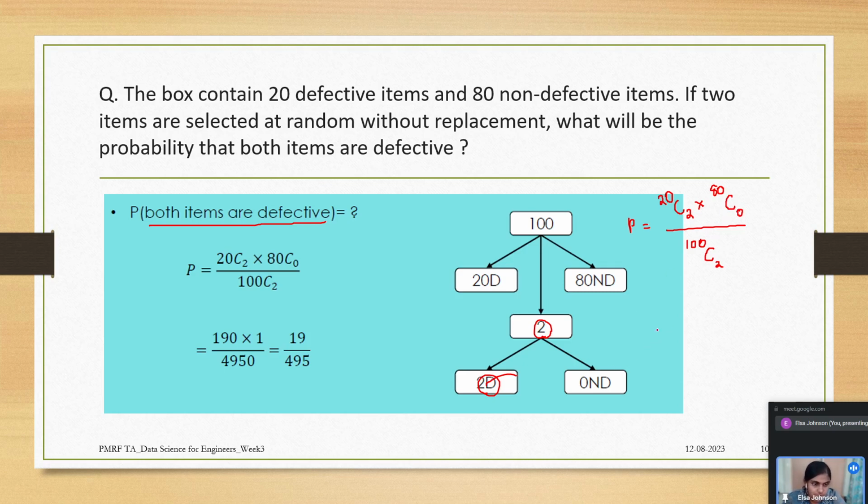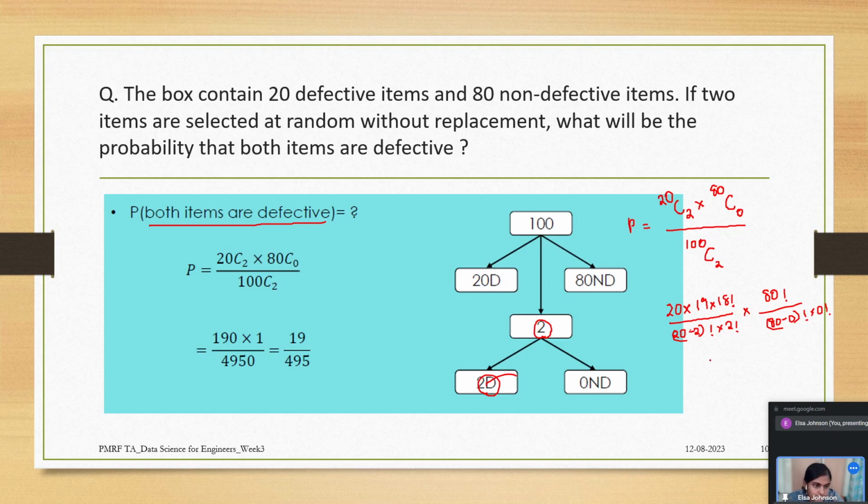Okay, so you have to solve this one, and then 20 C2 will be 20 into 19 into 18 factorial by 20 minus 2 factorial into 2 factorial, into 80 C0, meaning 80 factorial by 80 minus 0 factorial into 0 factorial.